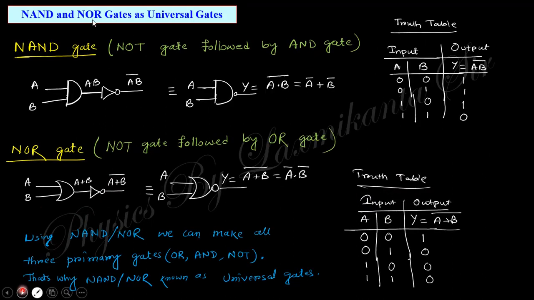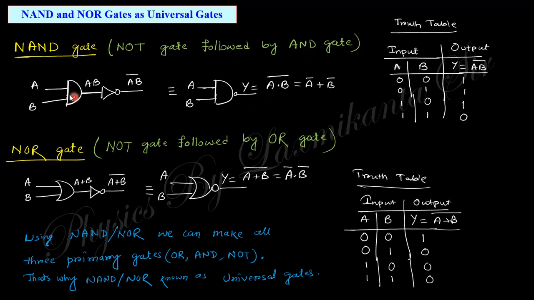Next comes the NAND and NOR gates as universal gates. NAND gate means AND gate followed by NOT gate.